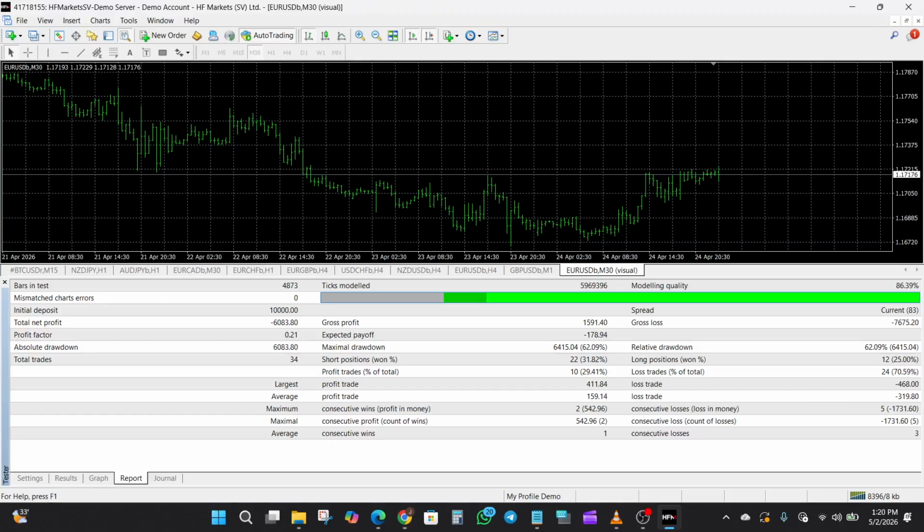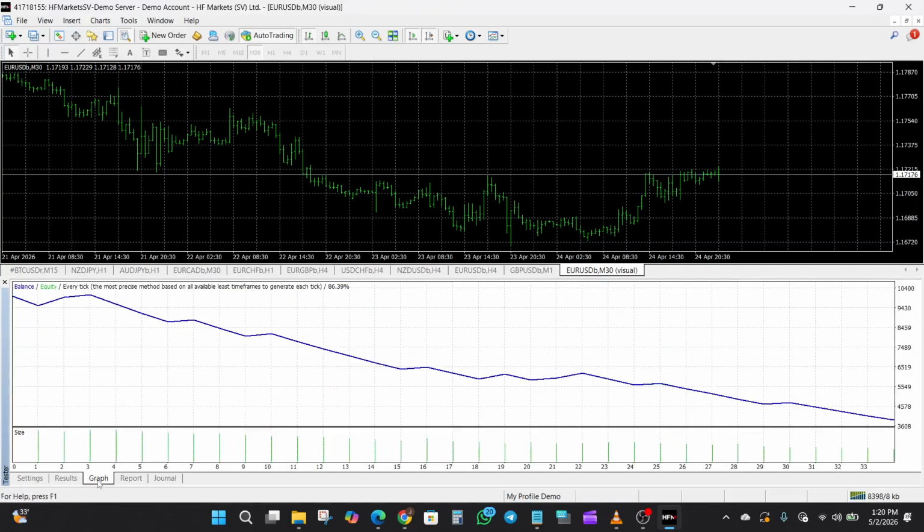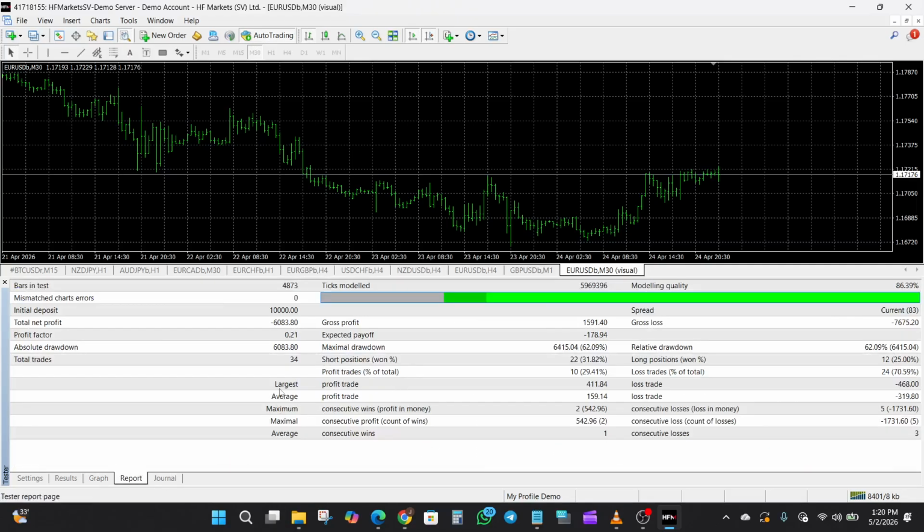But from what we can observe, the EA produces a not so good equity curve. We can see it's actually a bad equity curve over the duration that we did the backtest. Over 4 months, the equity curve is not good. But feel free to backtest over a longer period of time if you are interested in this expert advisor.